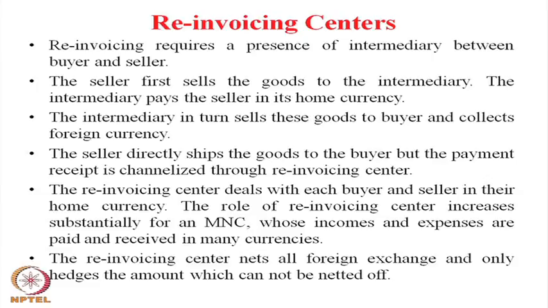So there may not be exposure for them in the form of operating exposure. They are not affected by the appreciation or depreciation of foreign currency, and the central invoicing center of the MNC takes care of the operating exposure for the company itself.